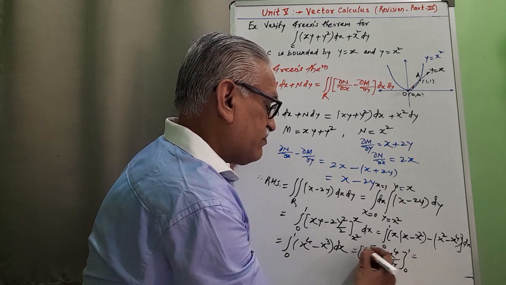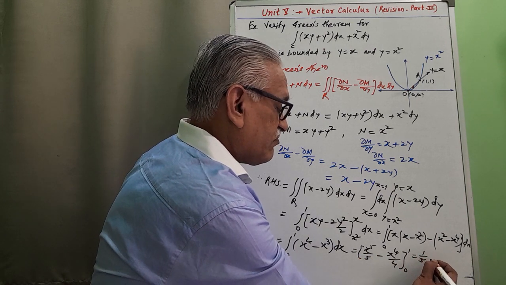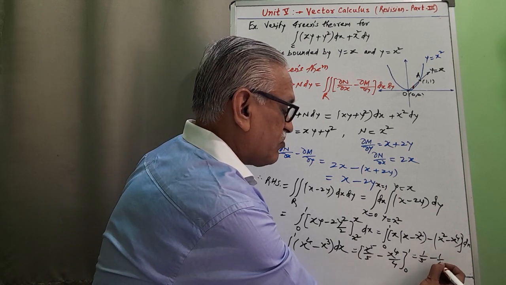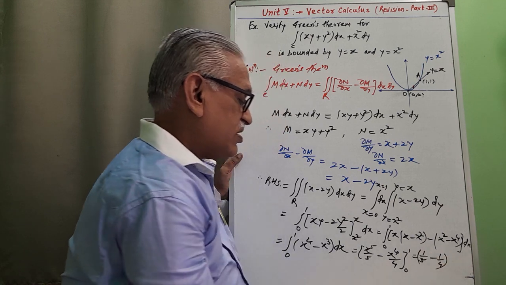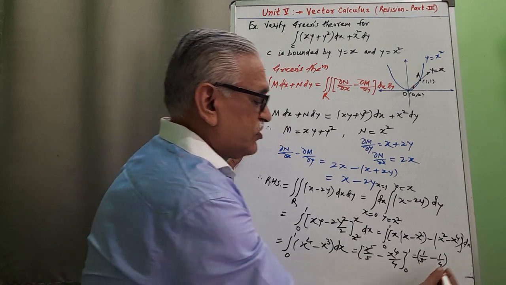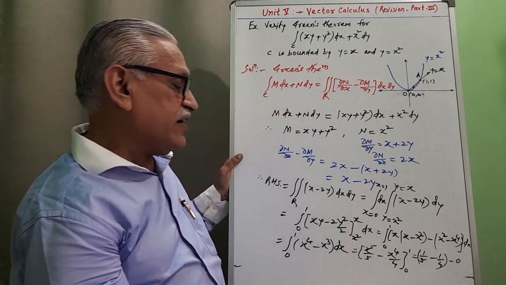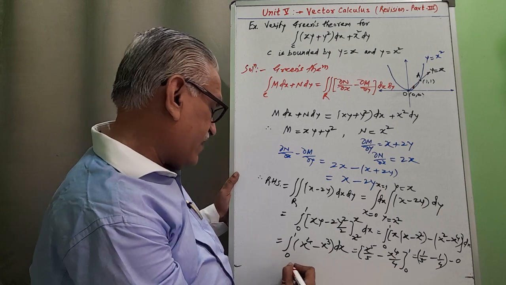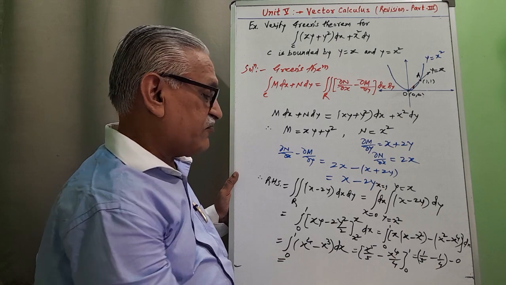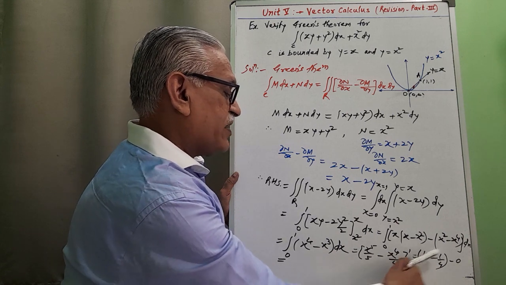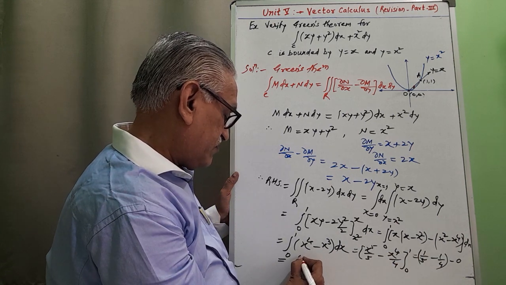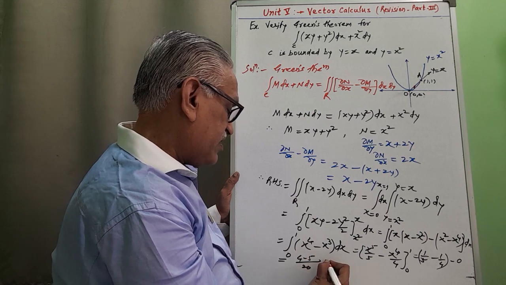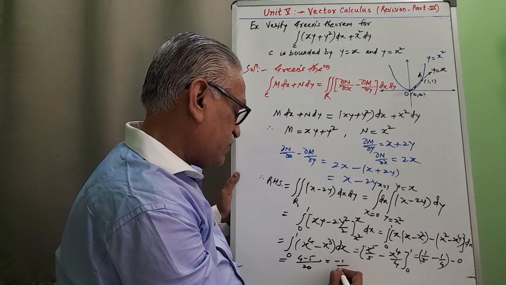For upper limit it is 1 by 5 minus 1 by 4, and for lower limit it is 0 minus 0, we get 0. Simplifying it, cross multiply, it is 4 minus 5 divided by 5 4s are 20, and therefore the value is minus 1 by 20.